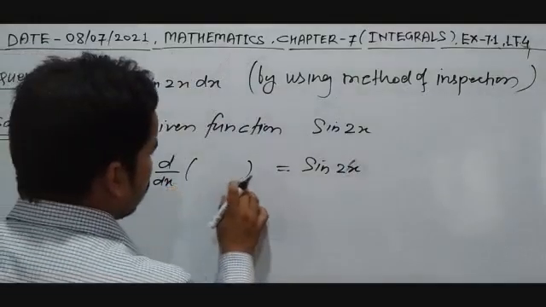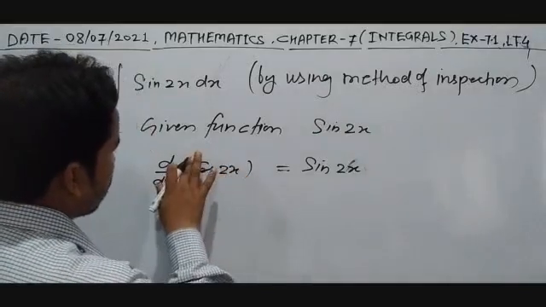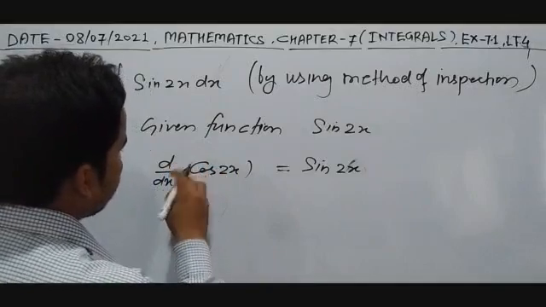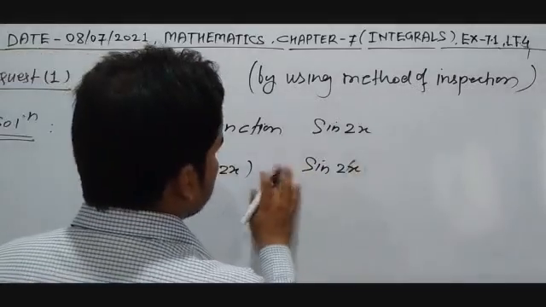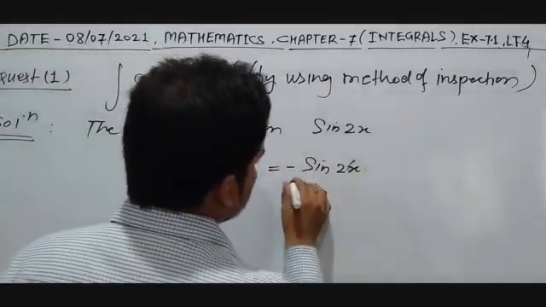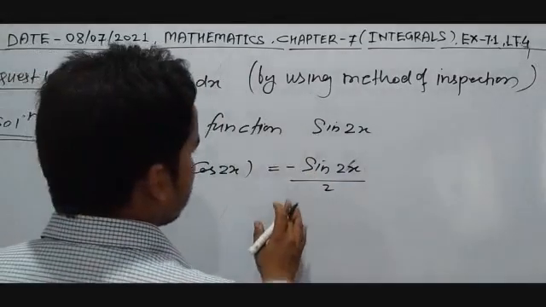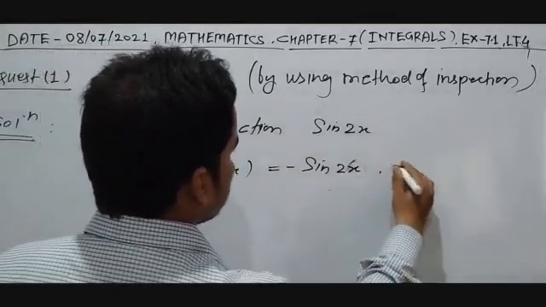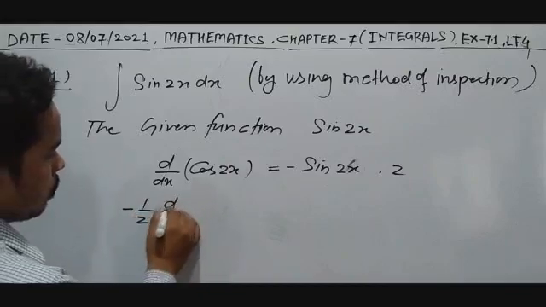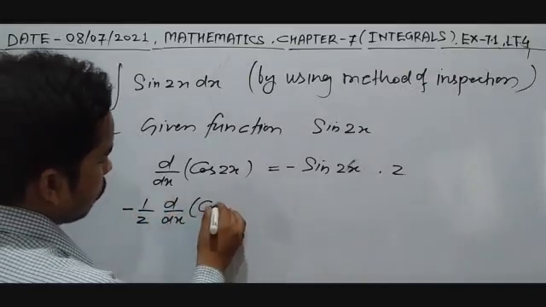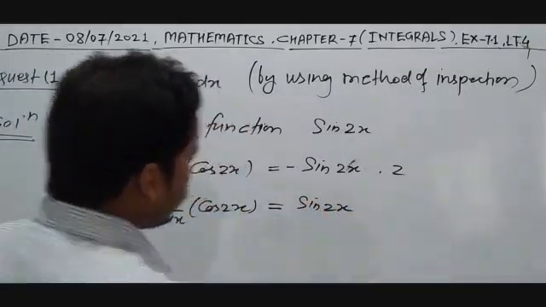You know, cos 2x: its derivative is minus sine 2x into 2. So now you can write minus 1 by 2 d by dx of cos 2x is equal to sine of 2x.